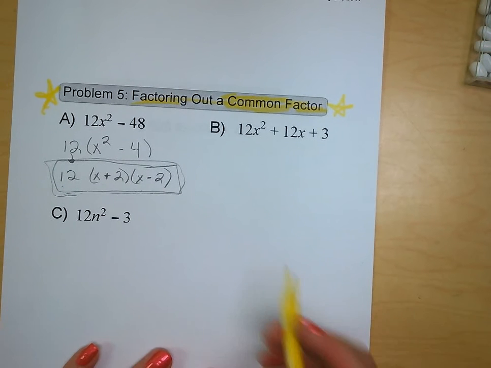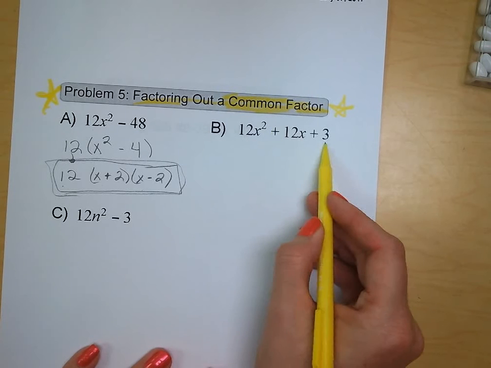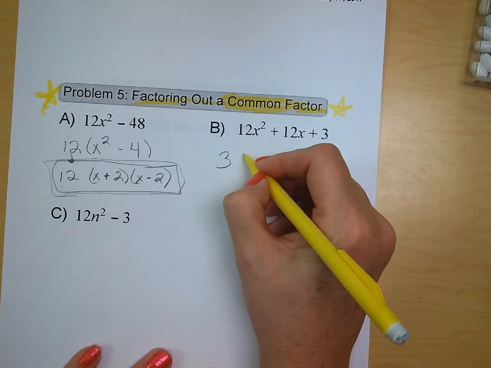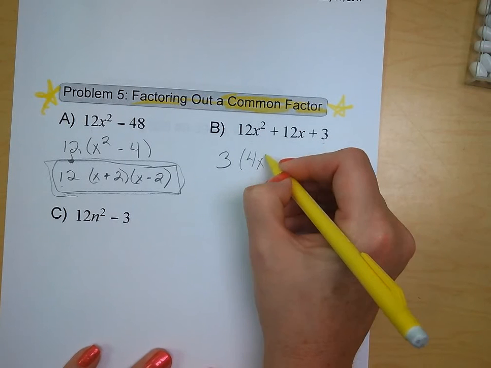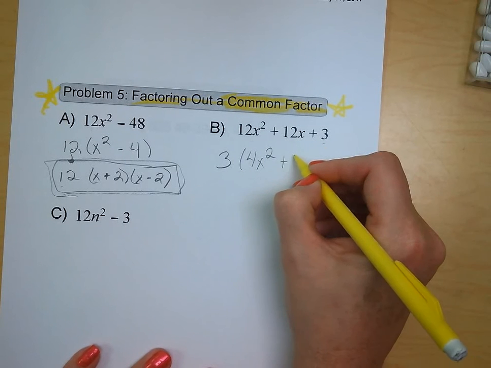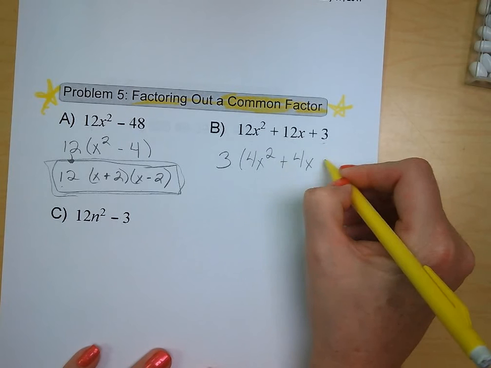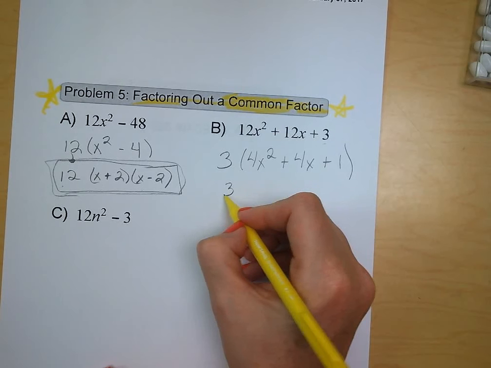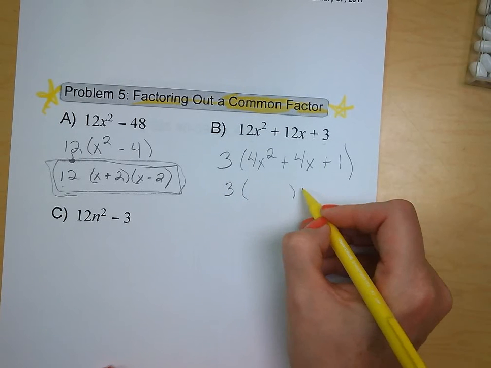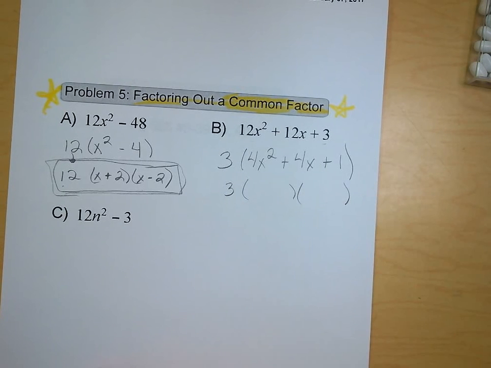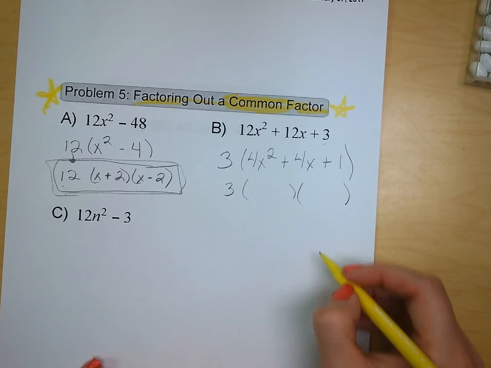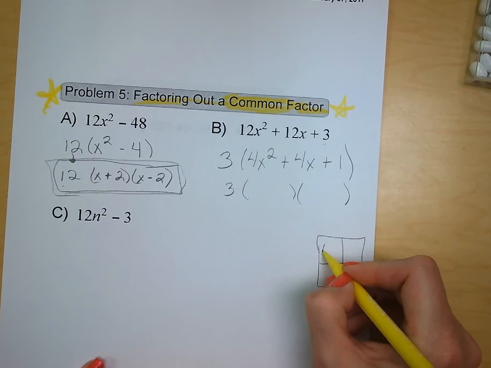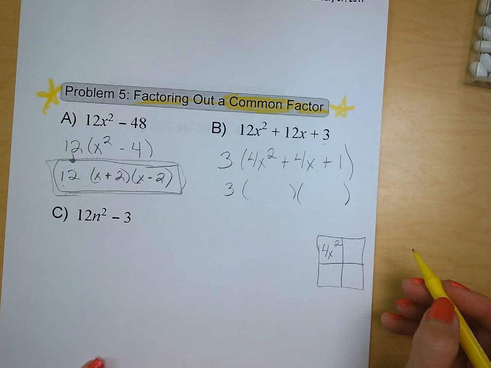All right. Letter B, common factor. I look at that small constant there of a 3, so we can divide that from each of our terms. So we'll have 4x squared plus 4x plus 1. We can factor this. We have 4x squared. We have our positive 1.